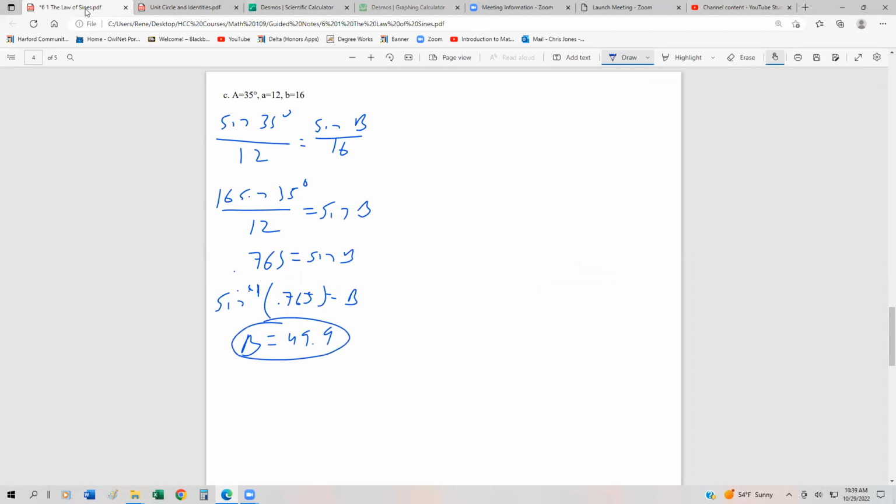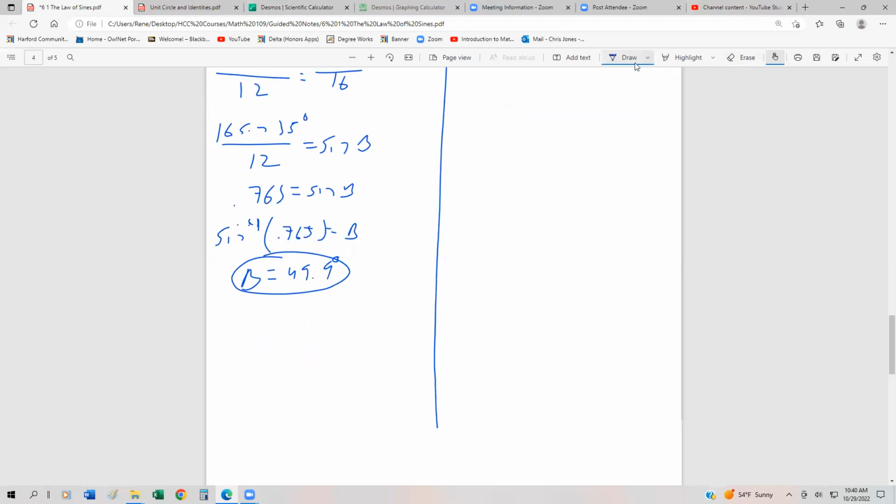Now what we are going to do is see if a second possible triangle can arise from this. And here's how we do that. Now we know that for this triangle, we could certainly find the third side fairly easily.